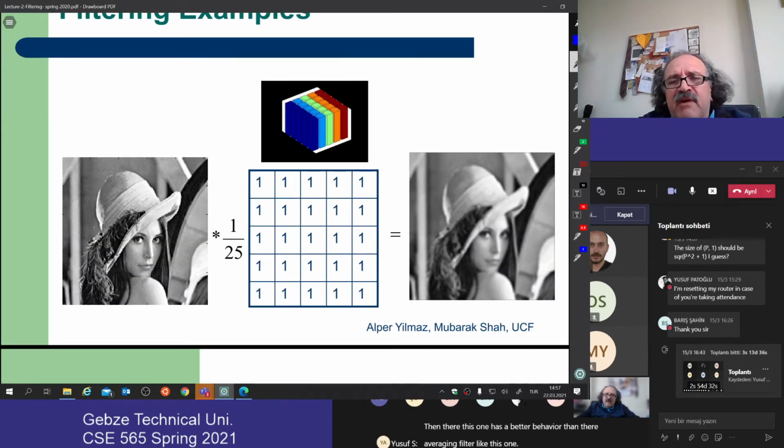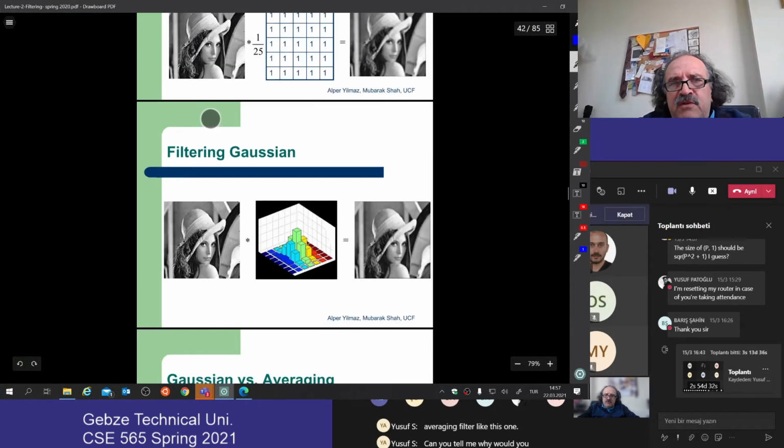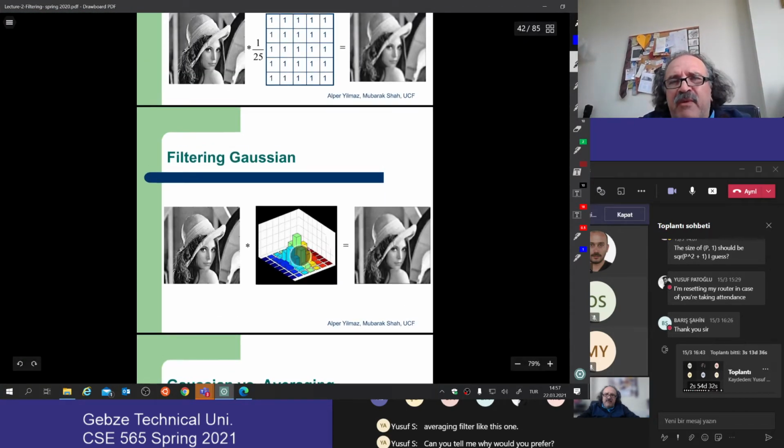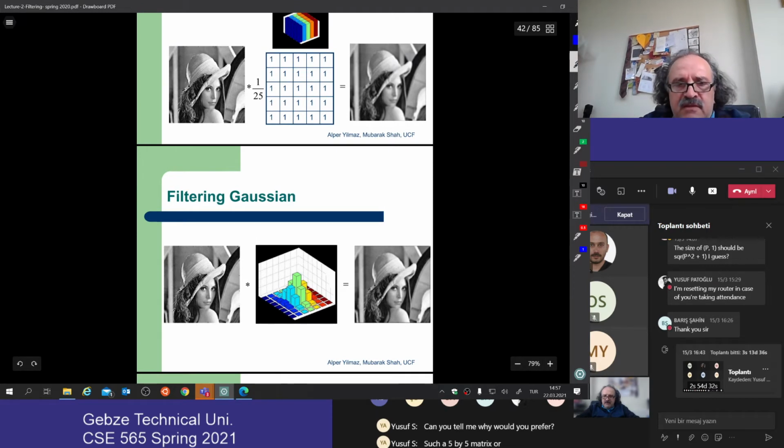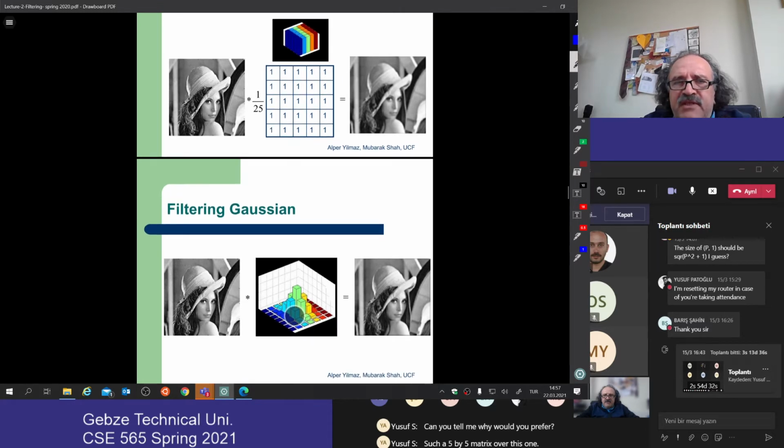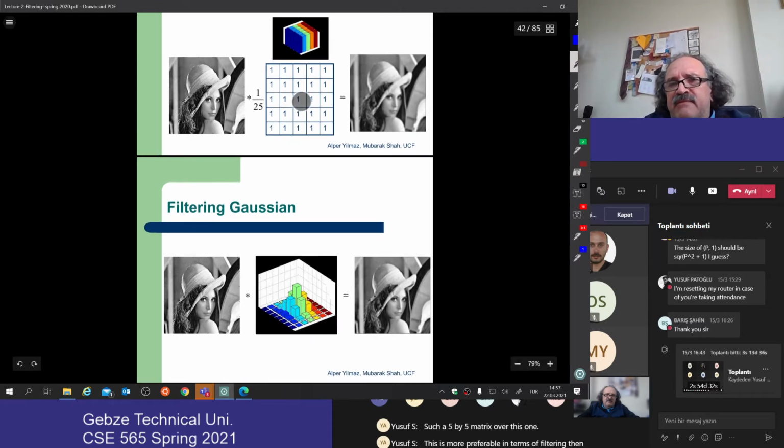Can you tell me why you would prefer such a 5 by 5 matrix over this one? This is more preferable in terms of filtering than this one. Can you tell me why?